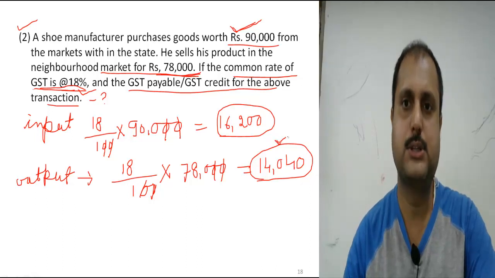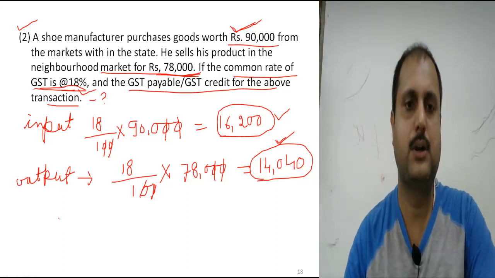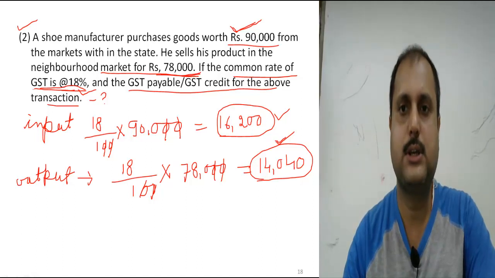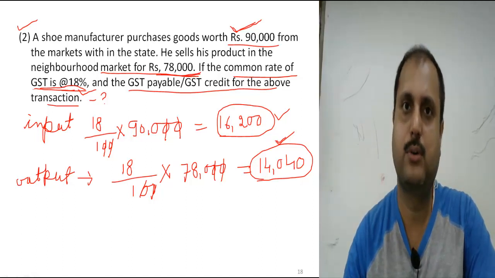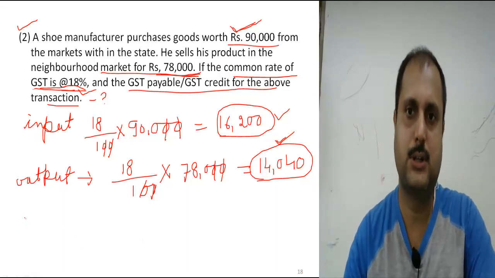The output GST is less, the input GST is more. So in the last video also, if you can remember, it will be called the GST credit, because the output GST is less. In the last question we have seen that the output GST was more, so it was GST payable.